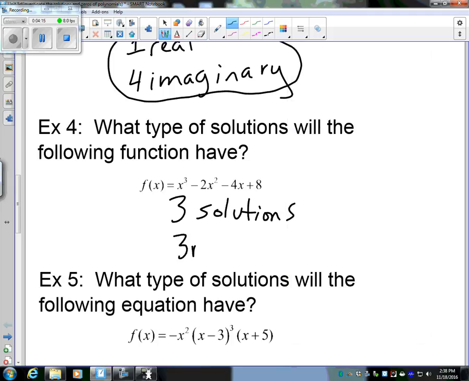There are 3 total, so 3 real solutions, and there are no imaginary. So a quick side note: if the graph ever comes down, hits the x-axis, and goes back up, this is called a double solution. We count it twice.